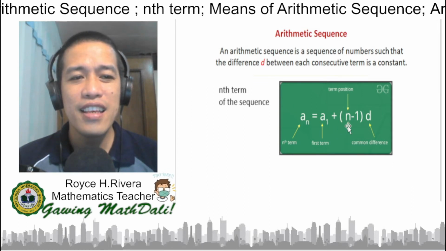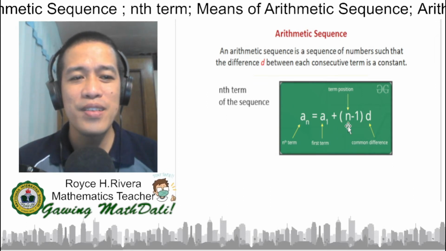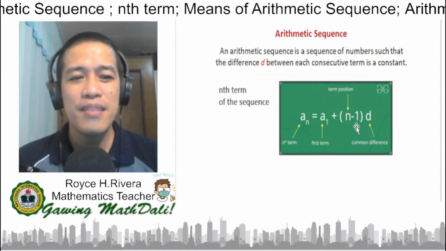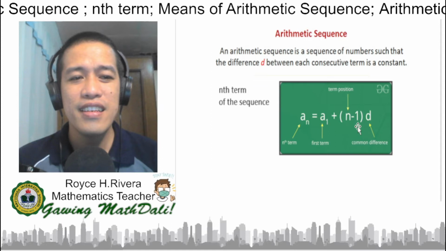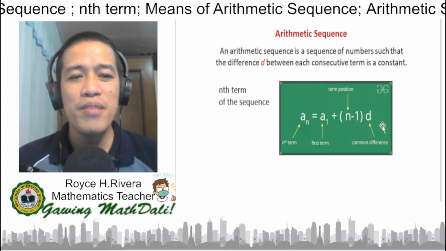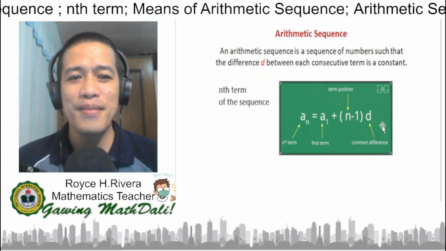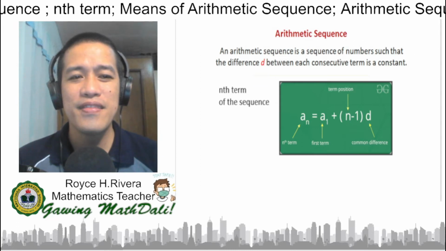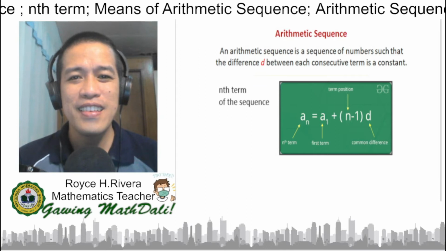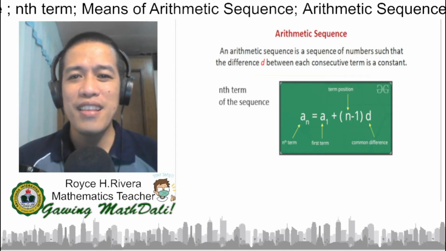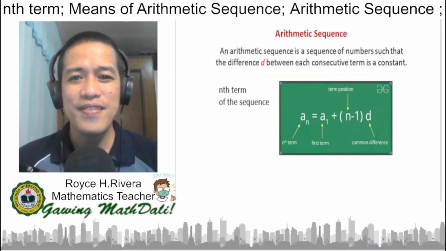N is the term position minus constant 1 times the common difference of the arithmetic sequence. So, huwag malilito. Subukan natin gamitin ang formula.